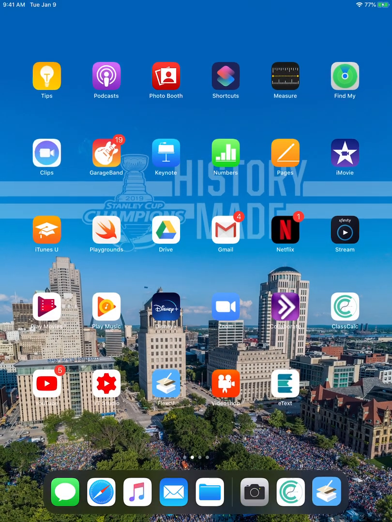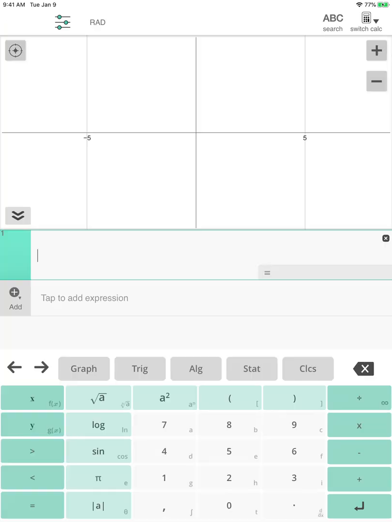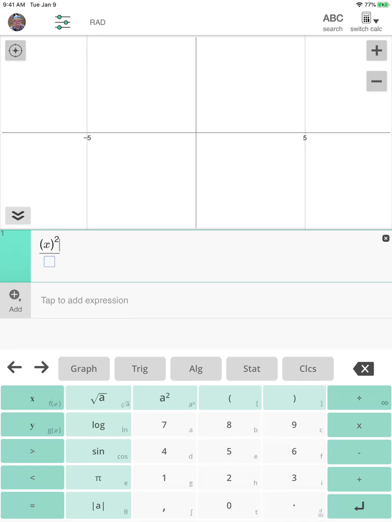For example, if I graph this, I'm using the Class Calc app, which you can download from the internet, and I have a link for this in the Blackboard course. So if we put in this graph, I go to the graph and type in x squared minus 1 over x minus 1.